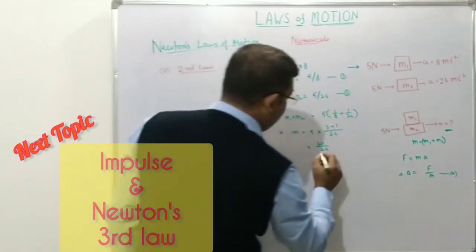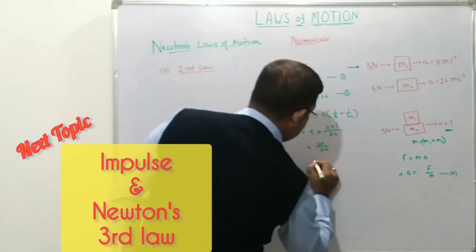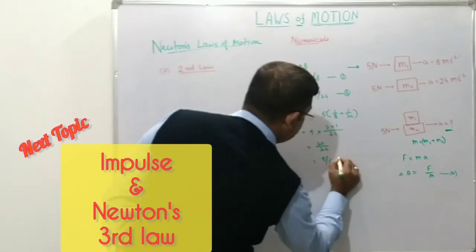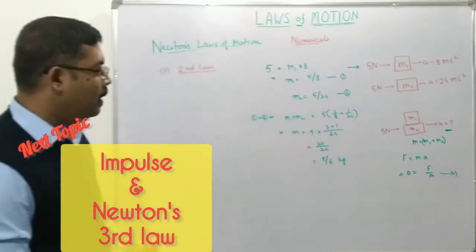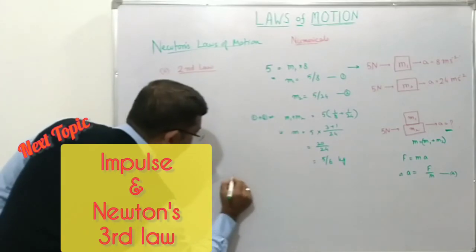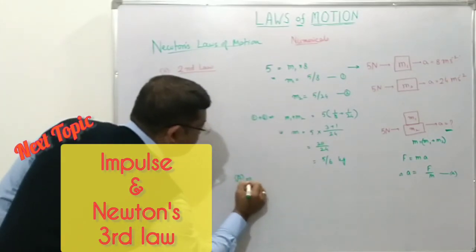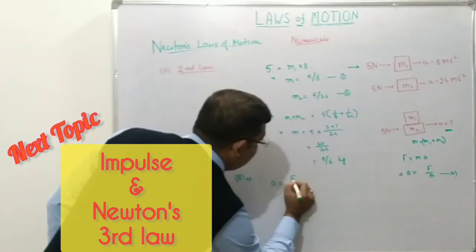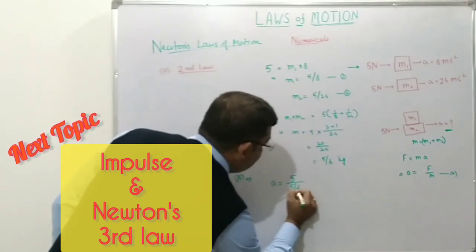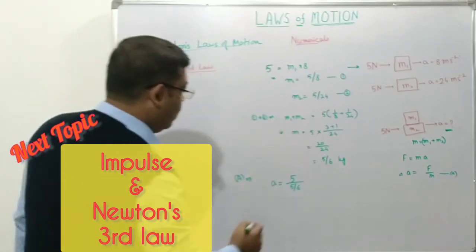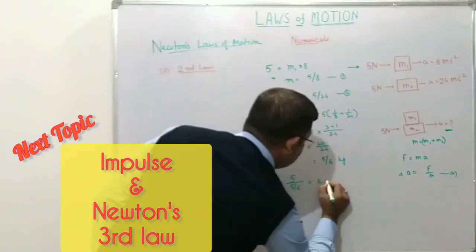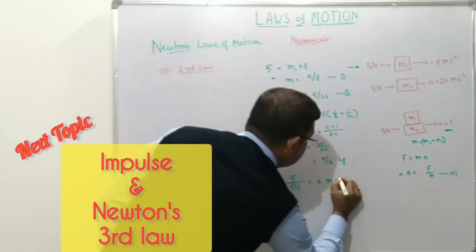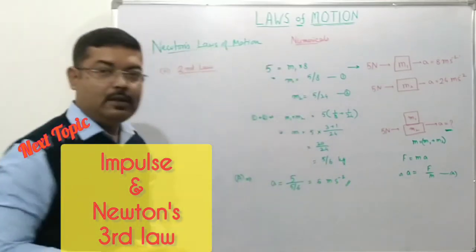So 4 fives are 20 and 4 sixes are 24, this is 5 by 6 kg. Therefore, equation A will now give us acceleration equals F, that is 5 Newton, by 5 by 6 kg, or equals 6 meter per second square. This is our desired result.